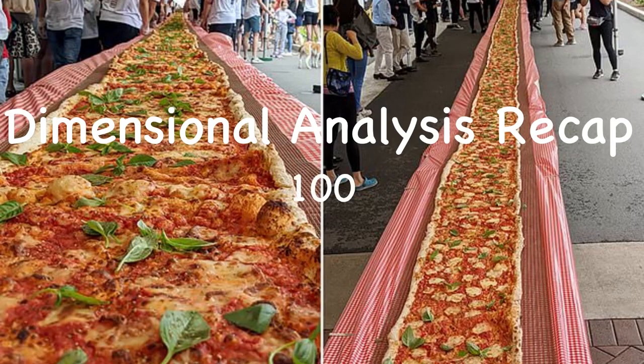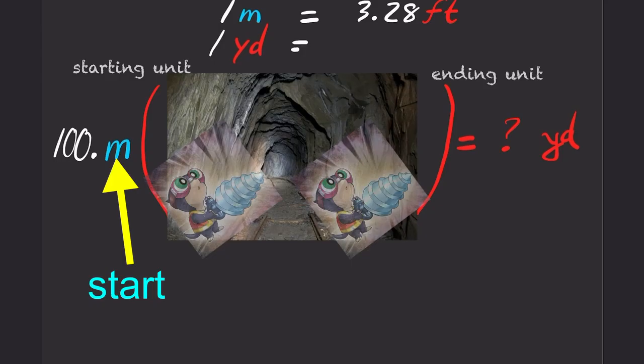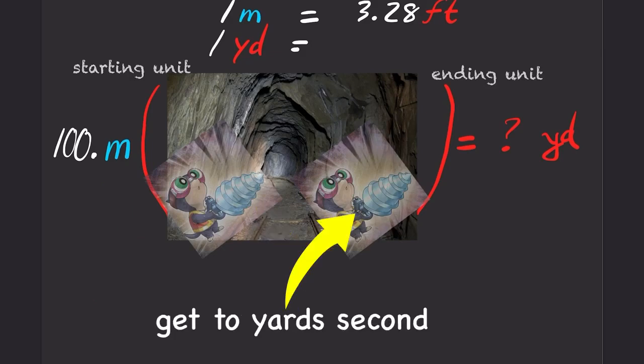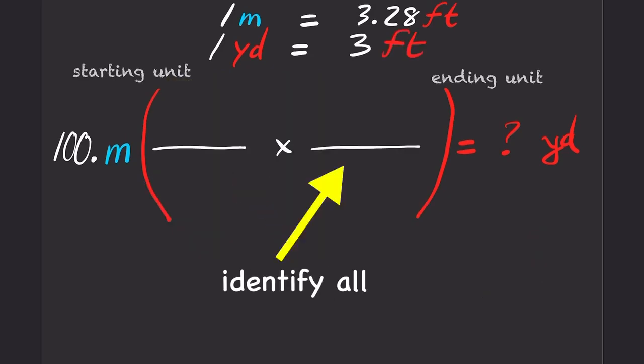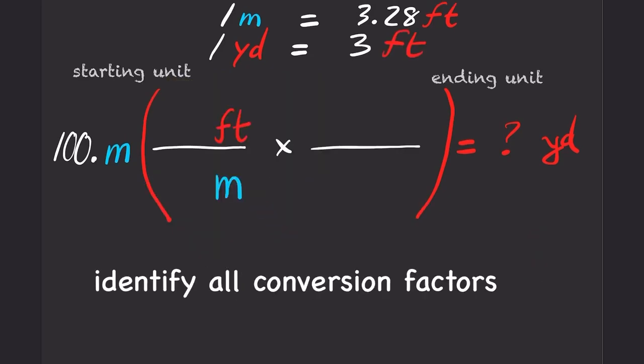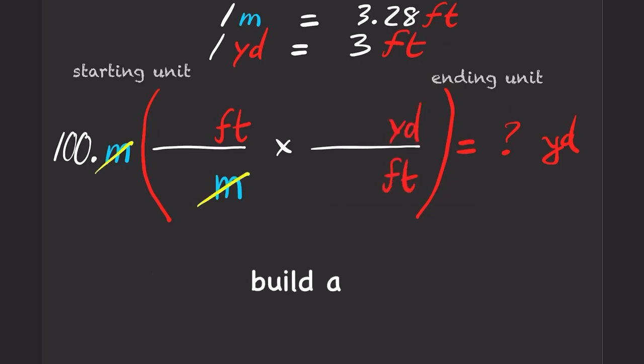To recap the whole process behind dimensional analysis, you need to 1. Identify the starting measurement unit. 2. All the ending units you want. 3. All the conversion factors needed to convert the starting unit into the final unit. 4.